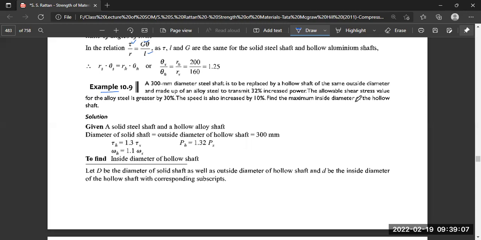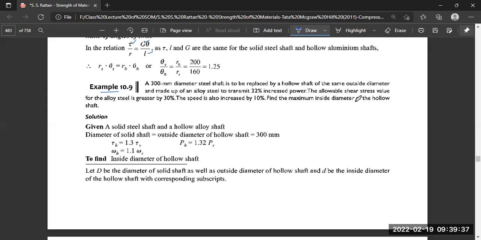The steel shaft is solid, whose outside diameter is given as 300 millimeter, but it is replaced by a hollow shaft whose outside diameter is also 300 millimeter, but the inner diameter is not given. We are supposed to calculate the maximum inner diameter possible for this alloy steel shaft, which is supposed to carry 32% more power.